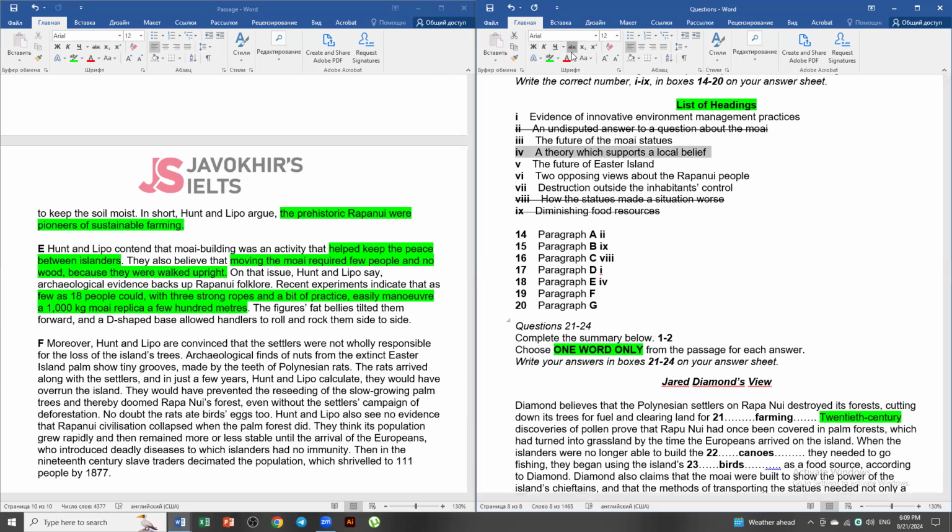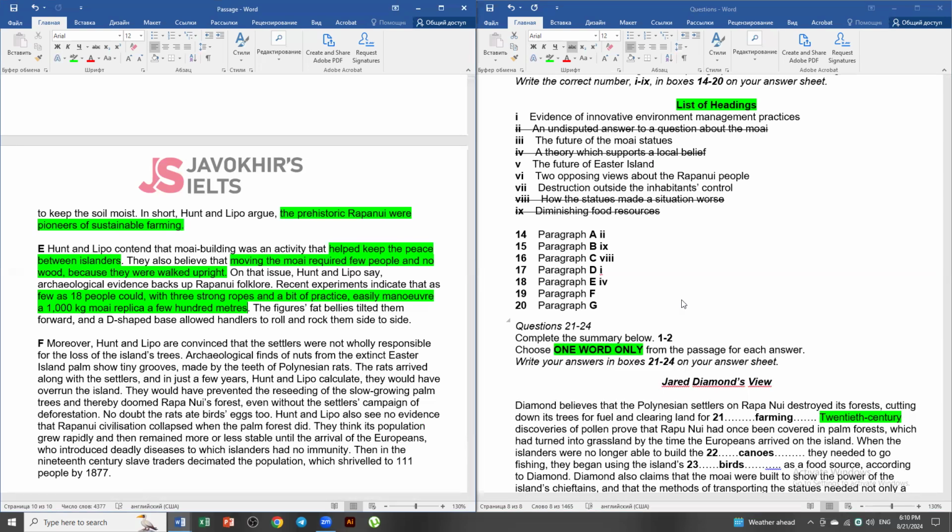So the reason for this number four, there's an emphasis about it. Now they contend, they're contending together and so on and so forth. There's support. This is paragraph E, some sort of a backup: Hunt and Lipo's archaeological evidence backs up Rapa Nui folklore.